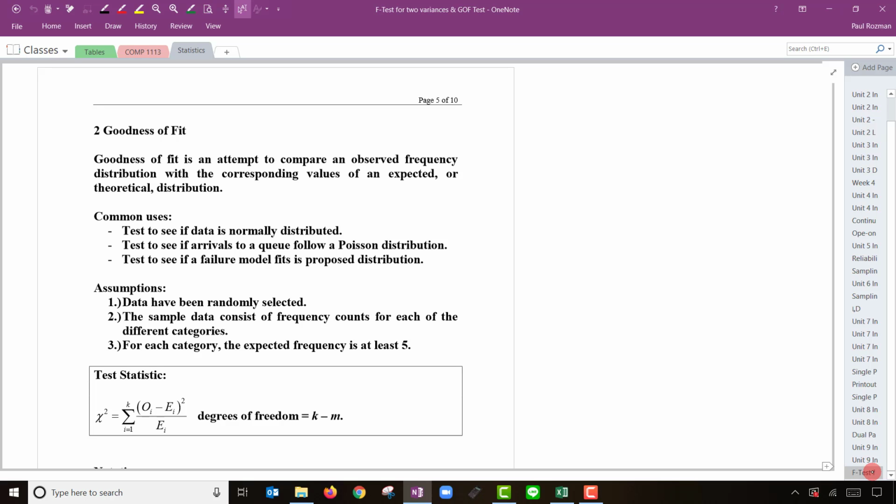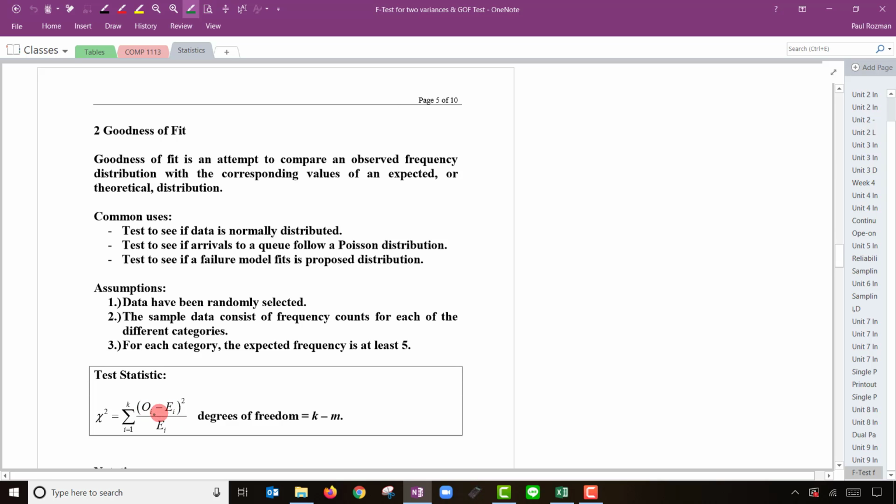The test relies on a new test statistic called chi-squared. It's not really squared, it's just its symbol. Basically, it works like this, where you're taking your observed value minus your expected value. So basically, the numerator of this is the error.